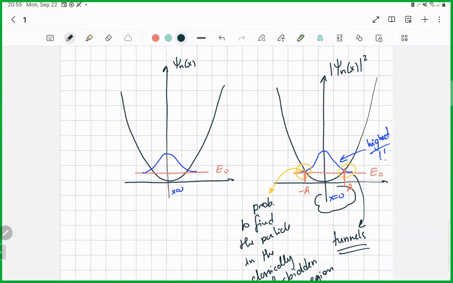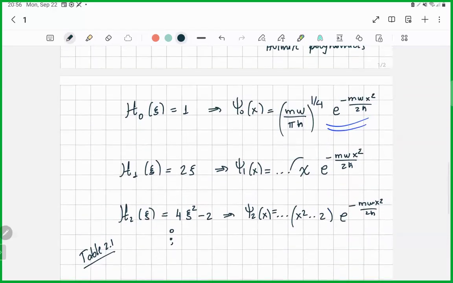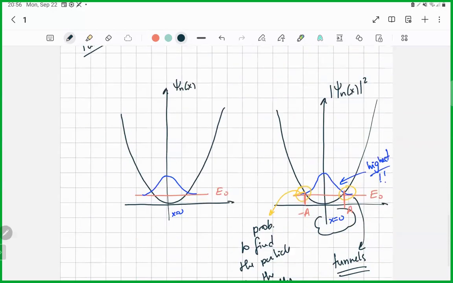As we go higher and higher in energy, we get x, then we get x squared, and you're going to see that we get more oscillations. Let me make one more plot. For the first excited state, the plot is something like this.